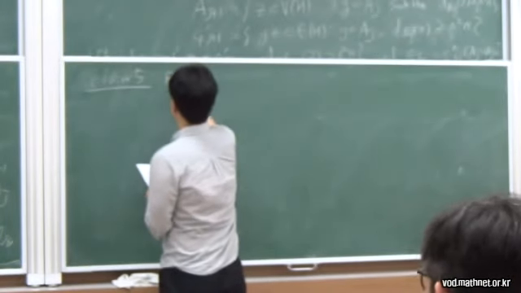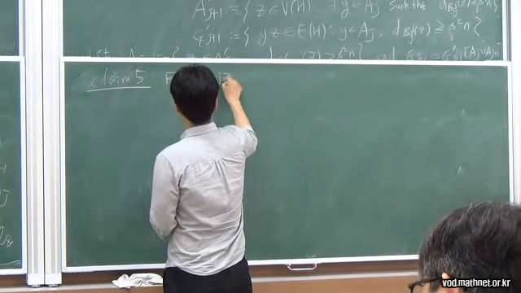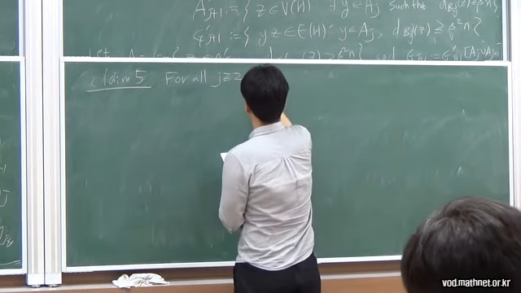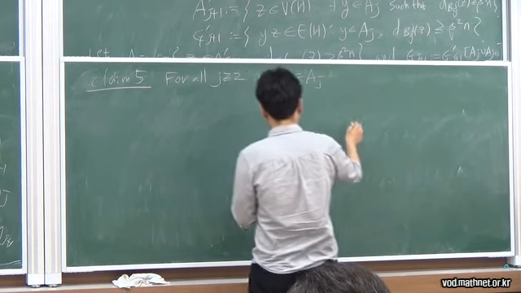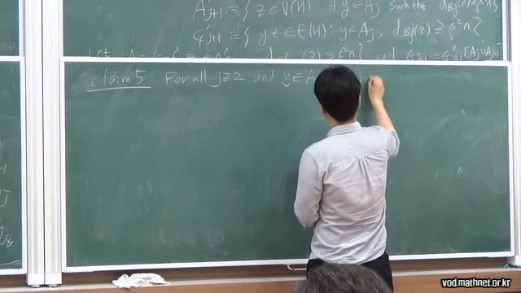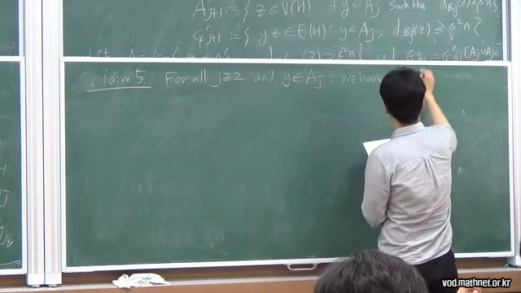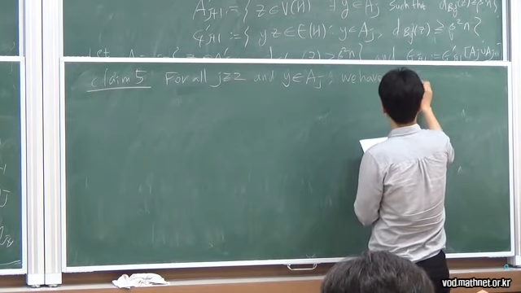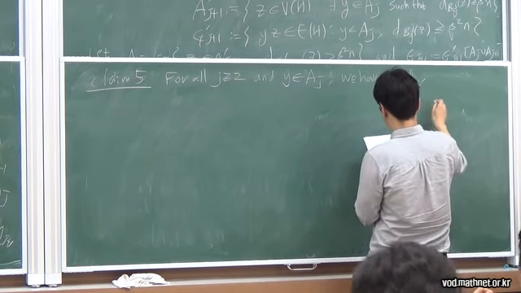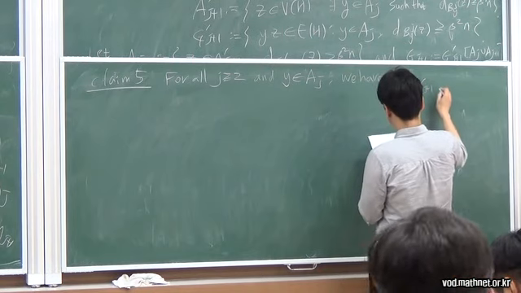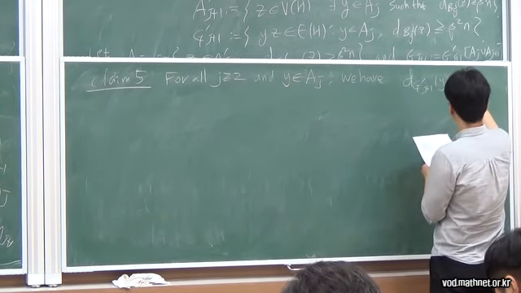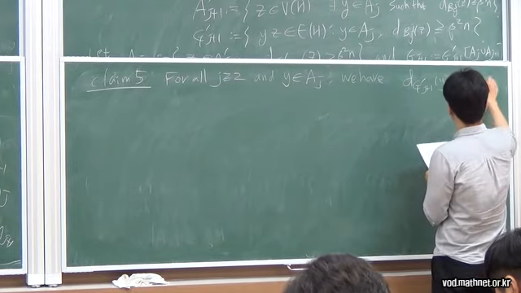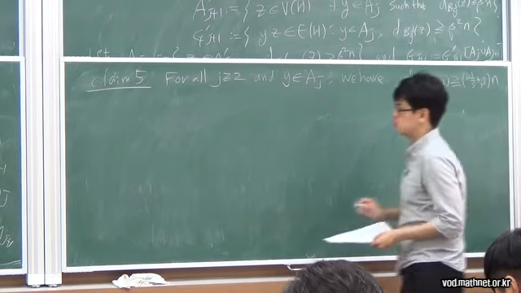For all j at least 2 and y in A sub j, in the graph G prime, its degree in G prime is at least 1/3 plus beta times n.